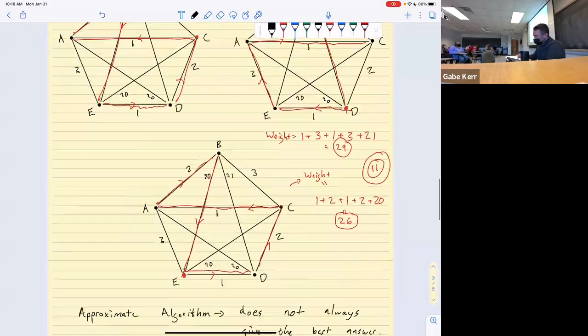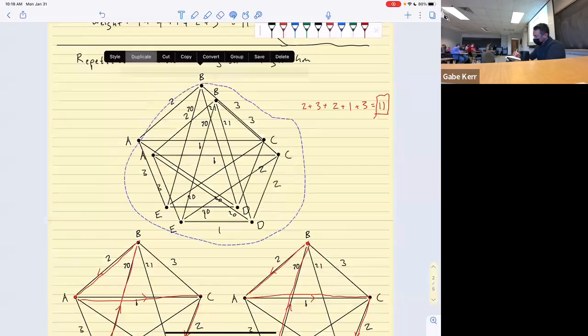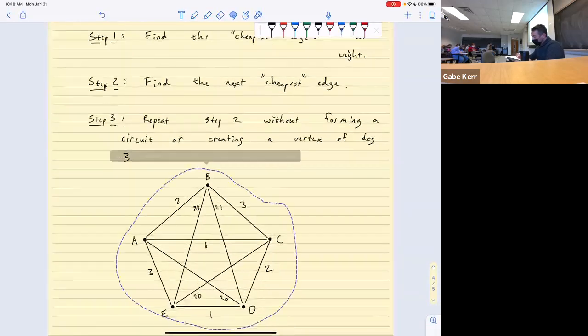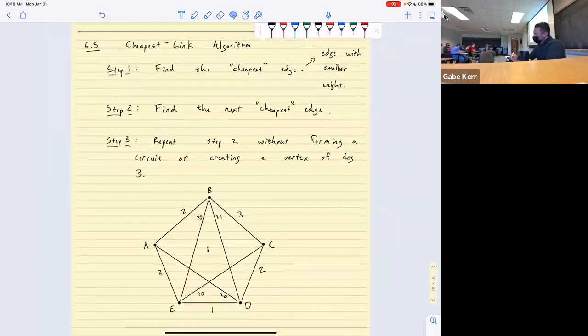Let me give one example of this. We'll just use the same graph here. What are the cheapest edges for this graph?